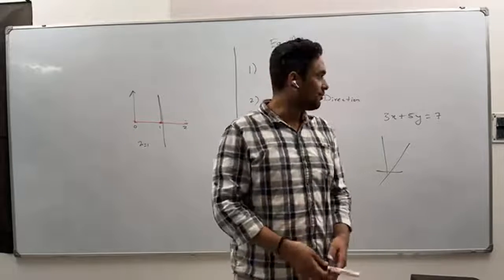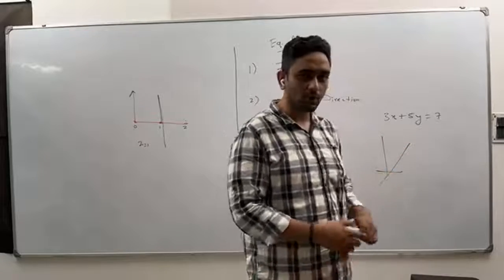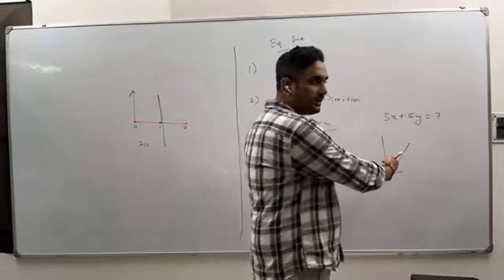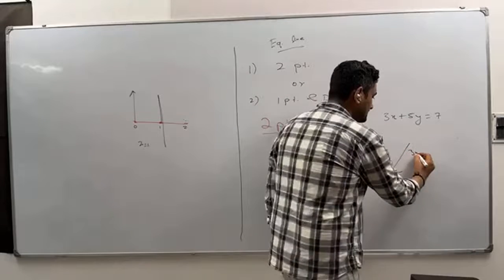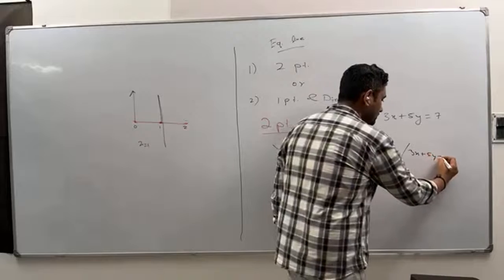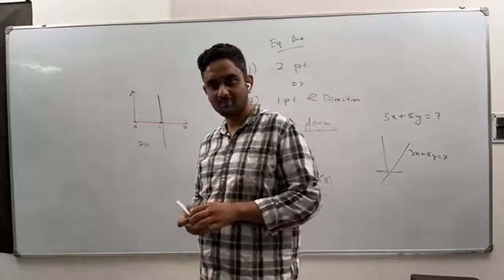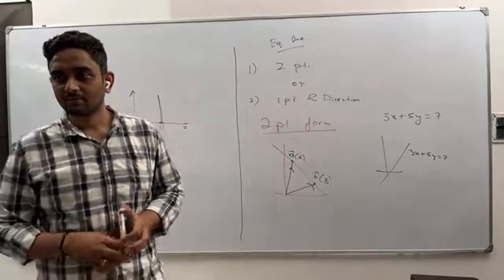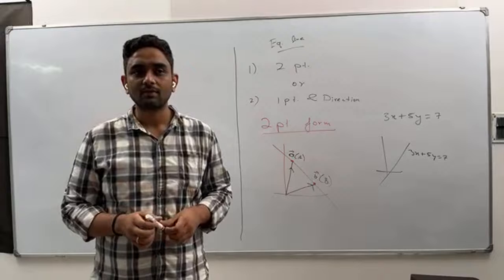Now another important question: what is x and y in this equation in 2D? Let's say this is a normal 2D. Although it won't be like this because slope is negative, but let's assume this is 3x plus 5y equal to 7. Now what is x and y? It can have infinite values, but what are x and y in the graph?